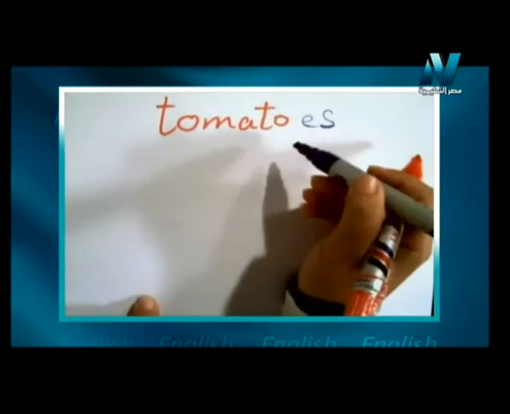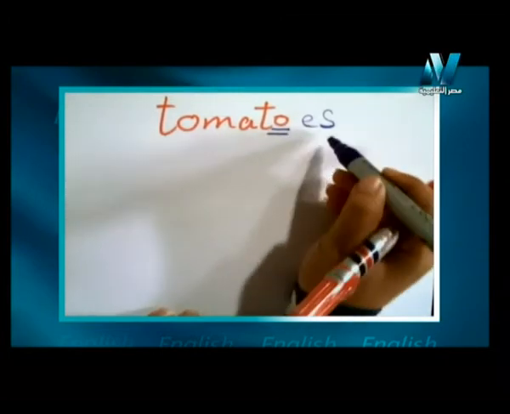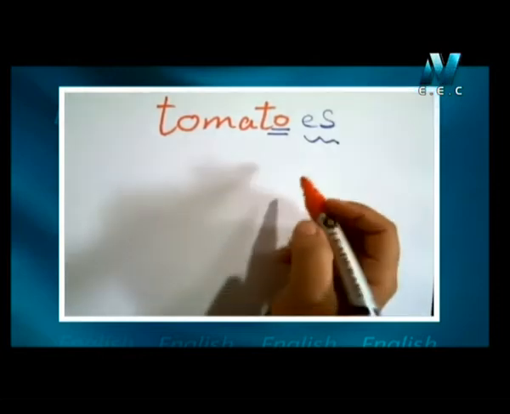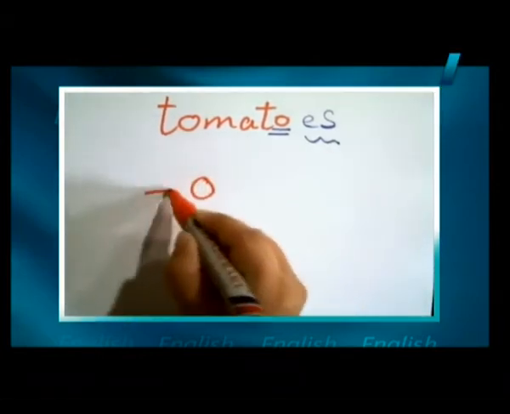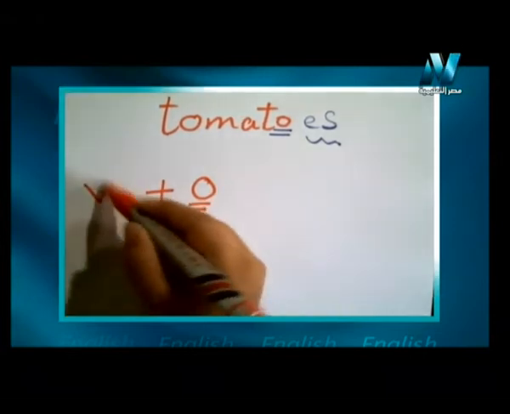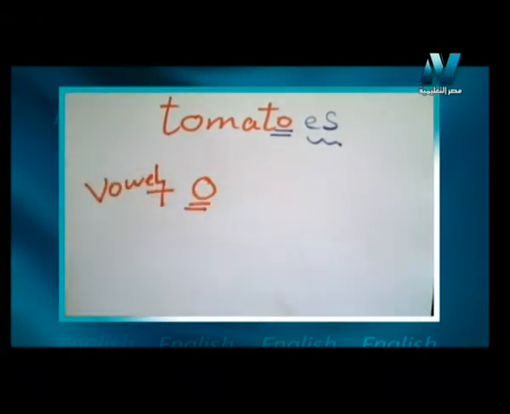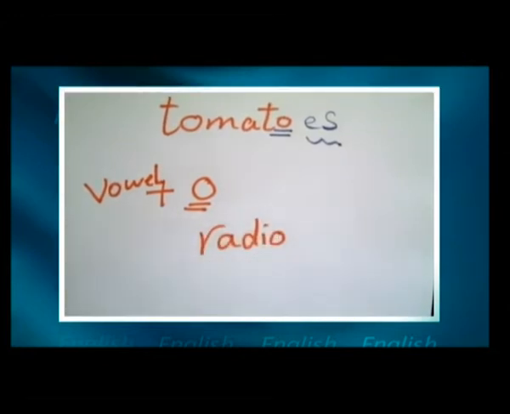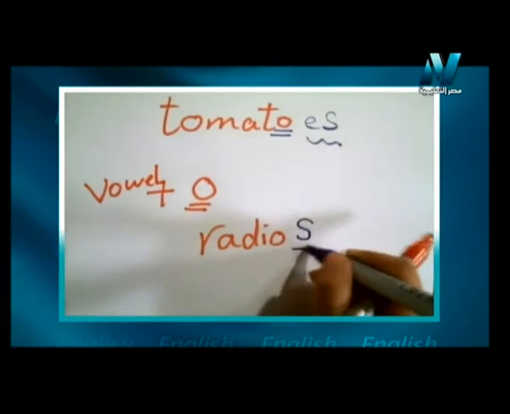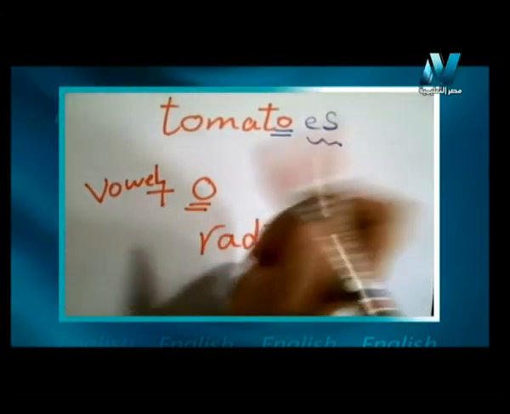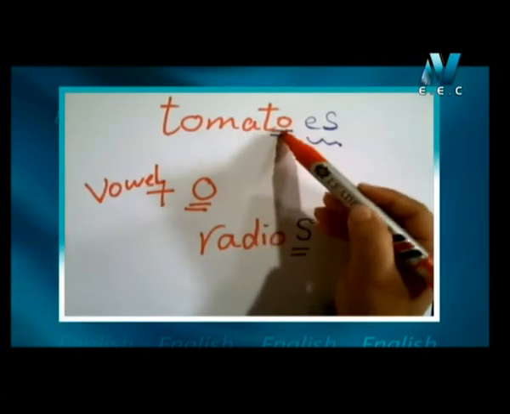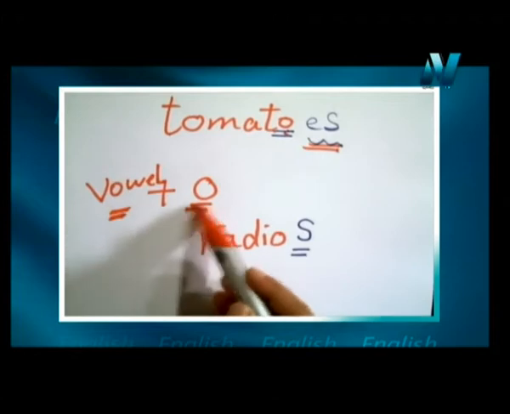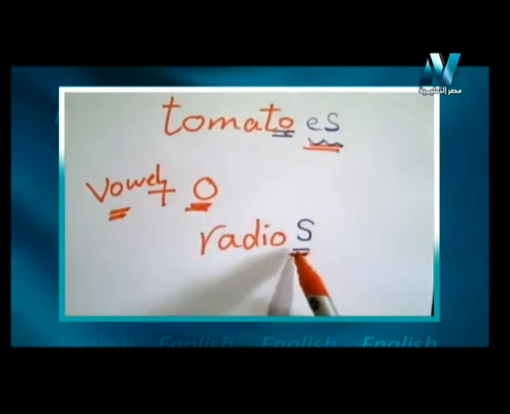But if I have a word ending with O and before the O we have a vowel, like radio, I'm going to add only S. So if I have a consonant and then O, I'm going to add ES. And if I have a vowel and then O, I'm going to add only S.